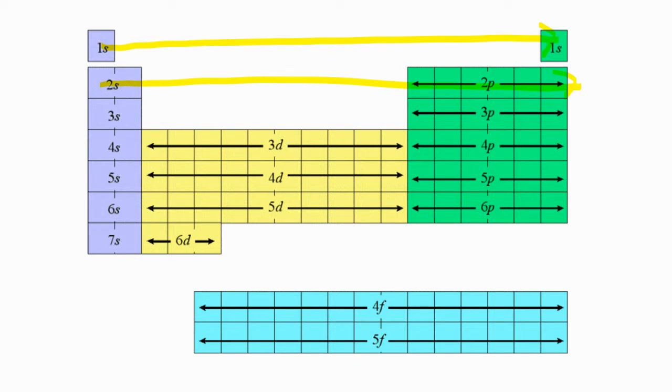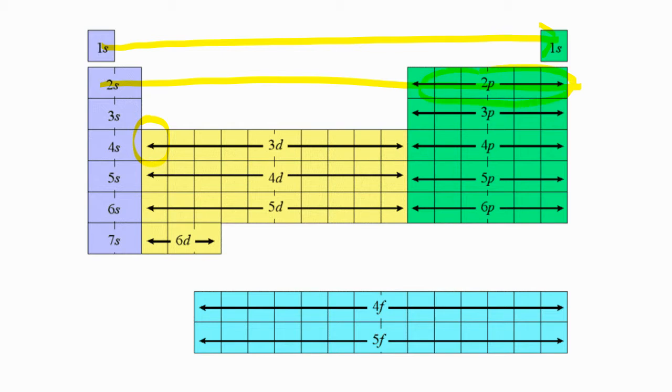And you might notice that there's a little bit of weirdness that happens right here. We talked about how for each energy level that you go up, you unlock a new kind of orbital. When you start off at the first energy level, all you have is s orbitals, and that's sort of your default. Then when you get to the second level, you unlock p orbitals, and that's why you can see that we start having p orbitals over here on the second level.